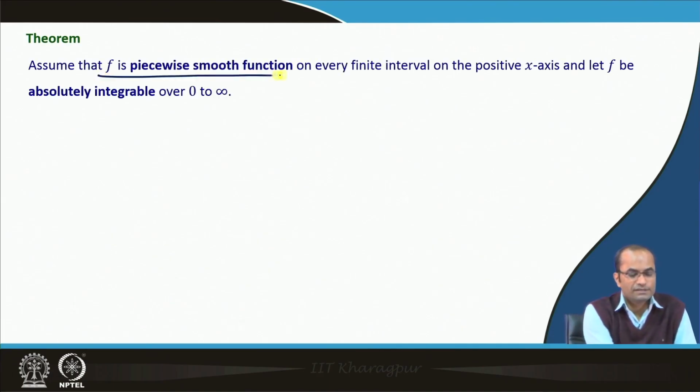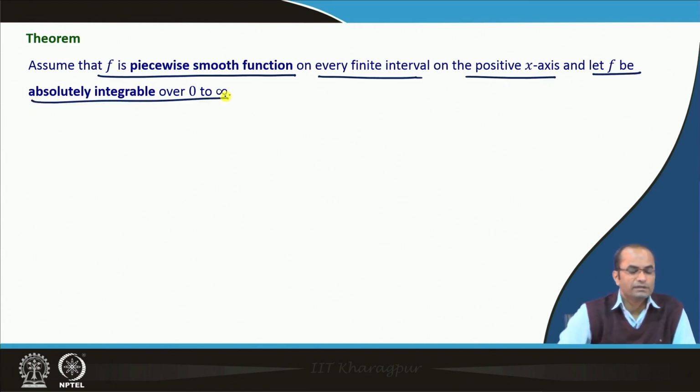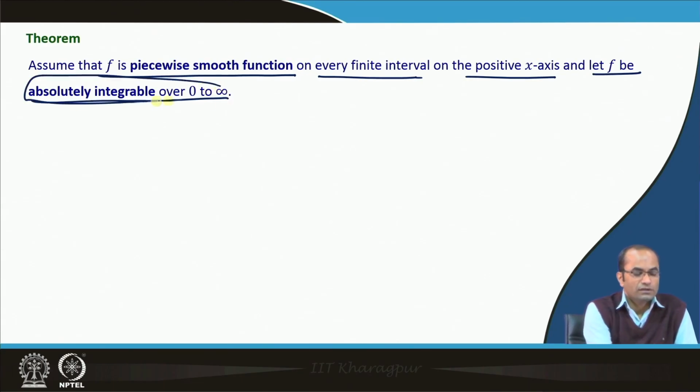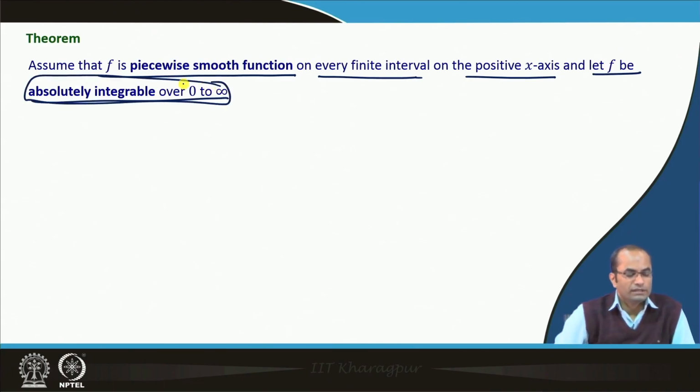Suppose f is a piecewise smooth function, the conditions are the same as discussed earlier, on every finite interval on the positive axis, and let f be absolutely integrable. That is important here for the transition from Fourier series to this Fourier integral representation. We have the additional condition on f to be absolutely integrable.